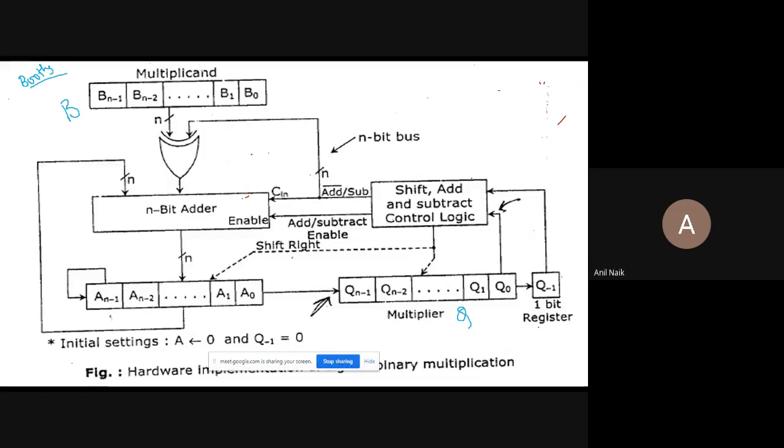To perform this, we use shift method and addition and subtract logic circuits. For this we use the n bit adder to perform the addition.